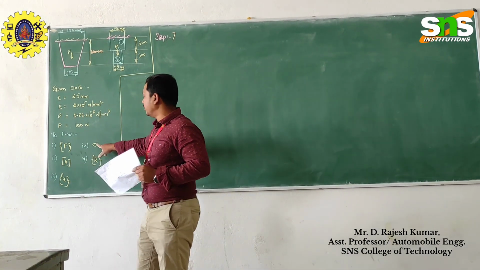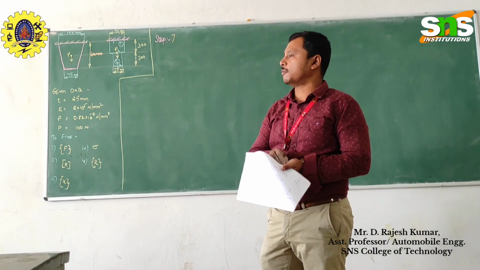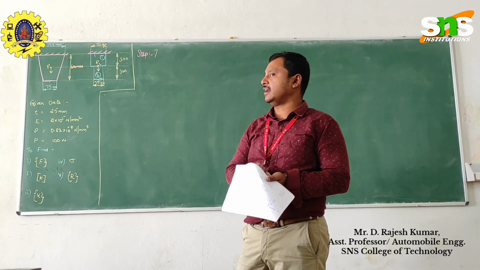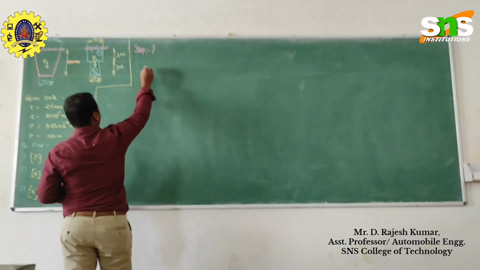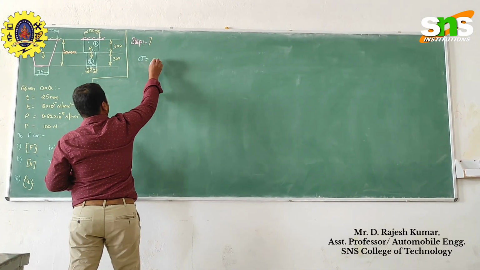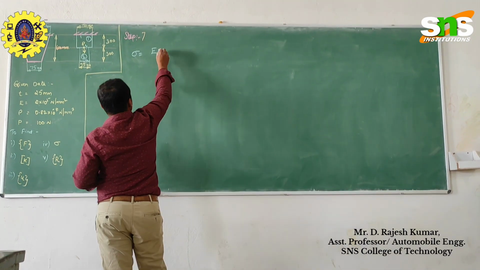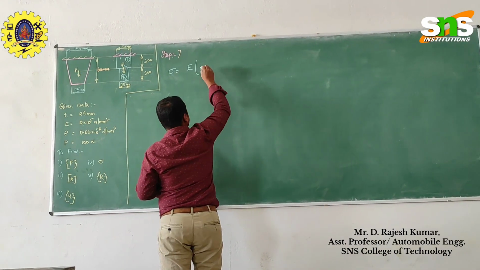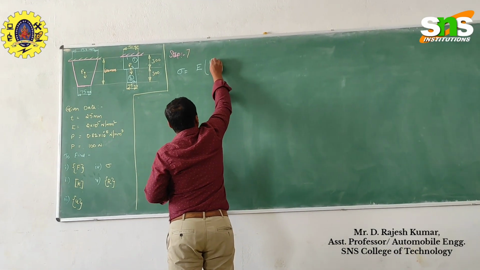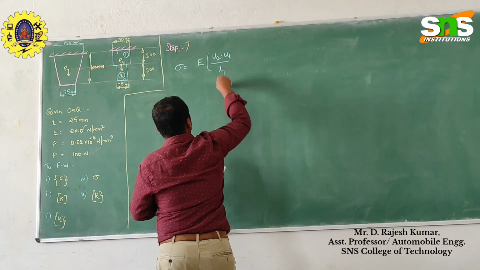Today we are going to see how to find the stress in this problem. For each element you have to find stress, right? In order to find stress, there is a formula. Stress is equal to E into the difference in the displacement, that is, for element 1, U2 minus U1 divided by L1.